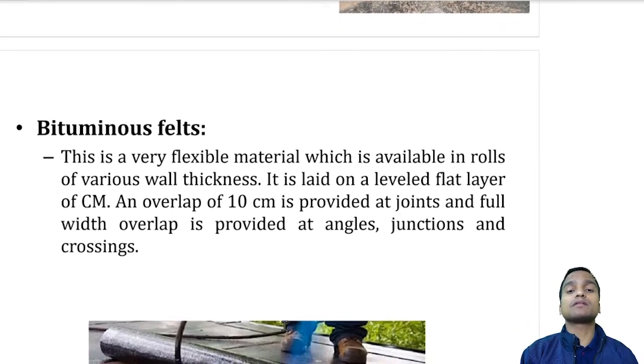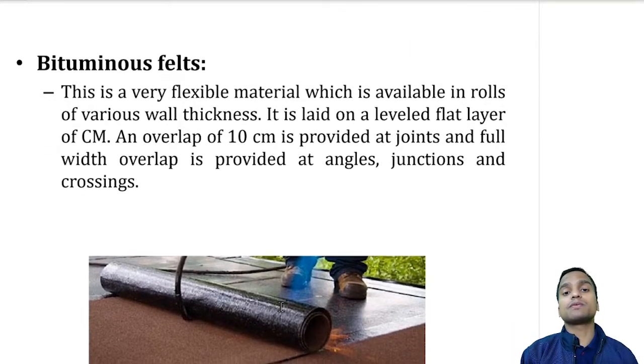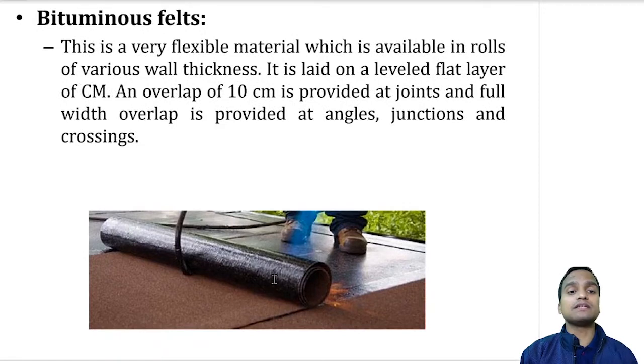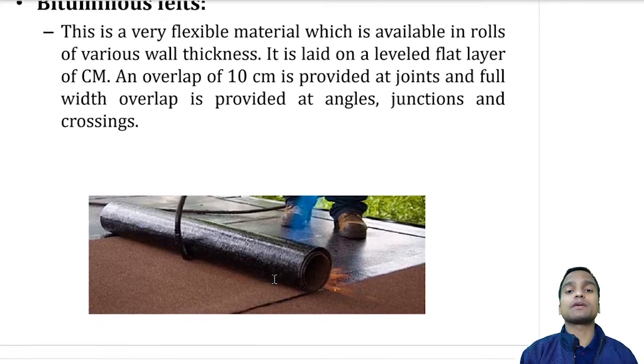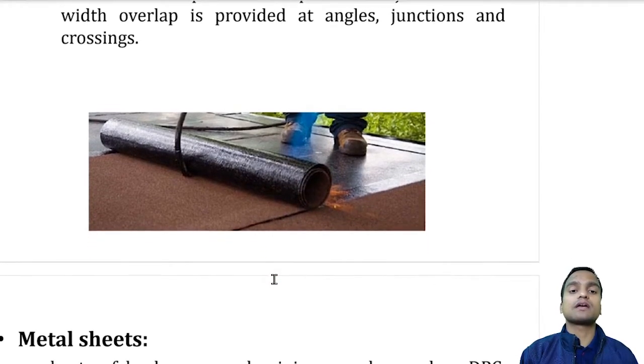Next type of material is bituminous felt, and this is also a flexible material which is available in sheets or rolls of different thickness, and it is generally laid on a leveled flat layer of cement mortar, and we have to provide overlaps at different angles, junctions and crossings, and it is also applied when it is in hot condition.